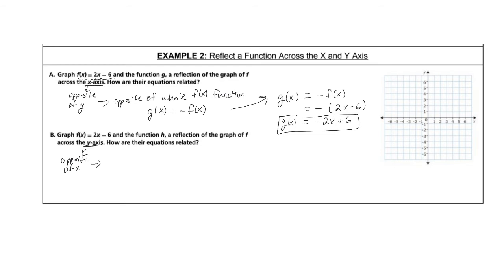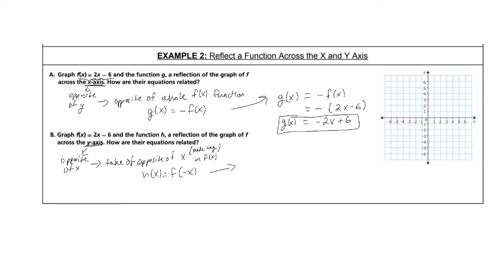Now in a function, that means we make our x negative in f of x, take the opposite of x, or make it negative, in our f of x function. Okay, so h of x, our new function, is just equal to f of negative x. So anytime we see an x in our function f of x, we're going to take the opposite of it.